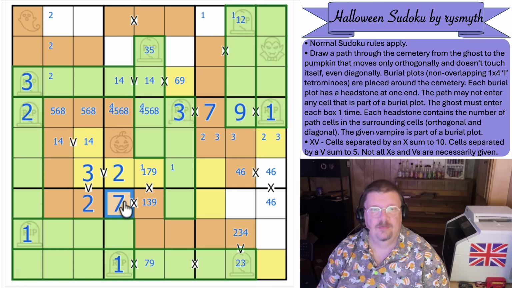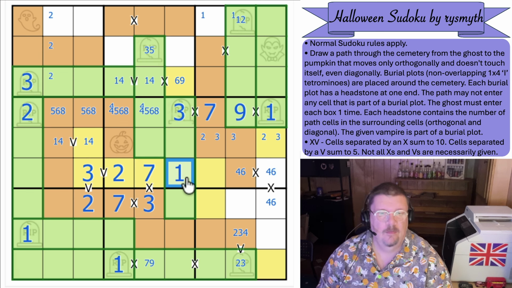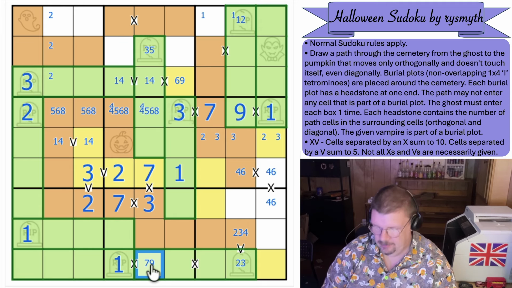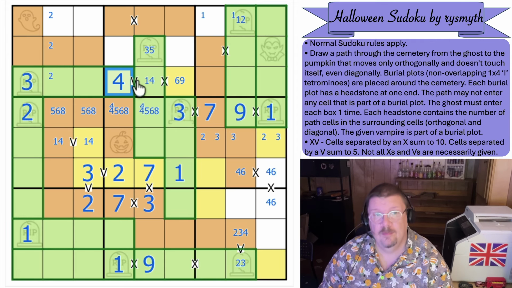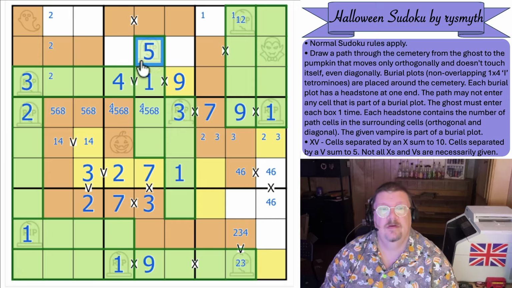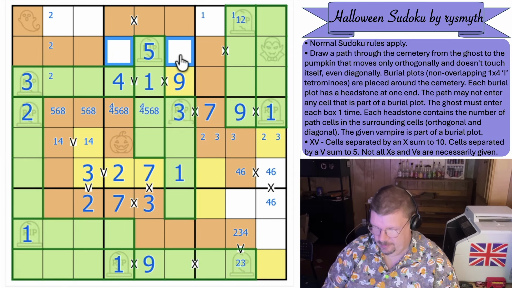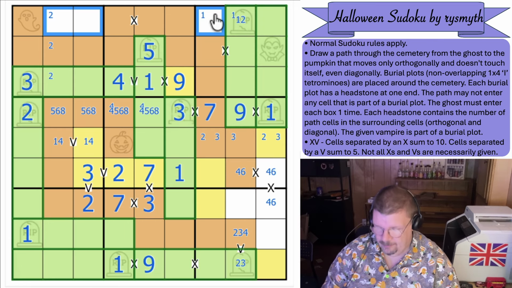That is 7 and 3 and 7, making that a 1. That makes this a 9. That one makes that 4. That's 1. That's 9. This 3 makes this a 5. That means the path takes those cells, and these are all off the path.